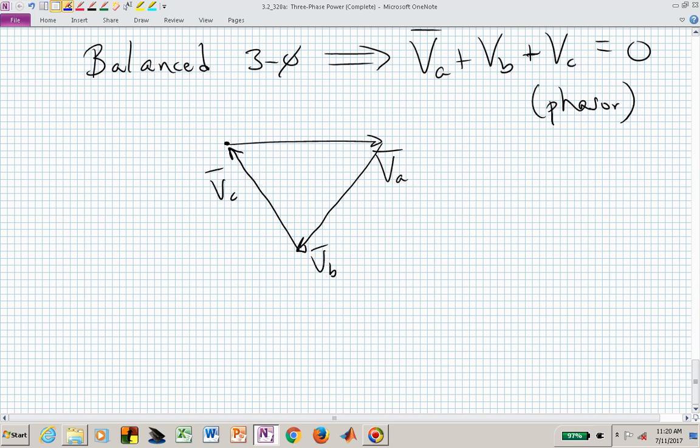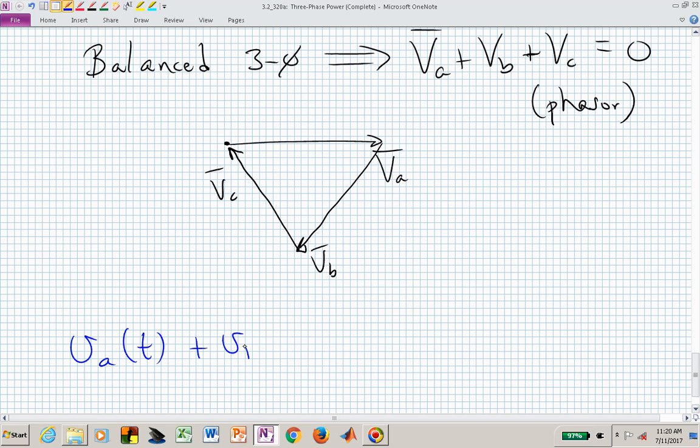In fact, we can. If I now had the instantaneous value of the A phase voltage, V sub A of t, as a time domain waveform, it has an amplitude of V sub m and a phase of, let's say, 0 degrees, and it's oscillating at a frequency of omega, 377 radians per second.